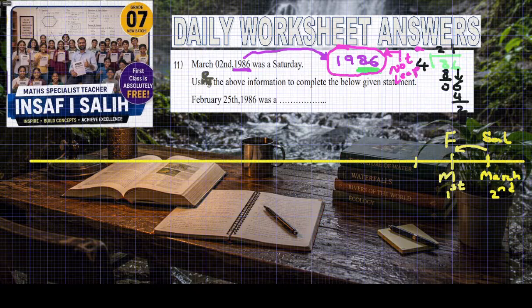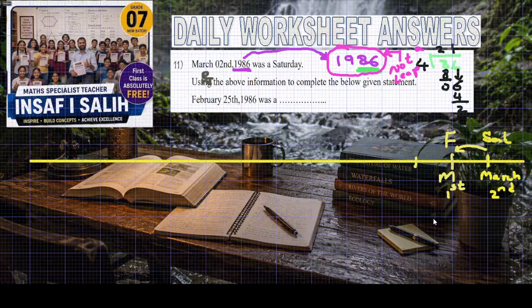So if it's not a leap year, in the year 1986, how many days were there in the month of February? Only 28 days. Why? Because year 1986 is not a leap year.